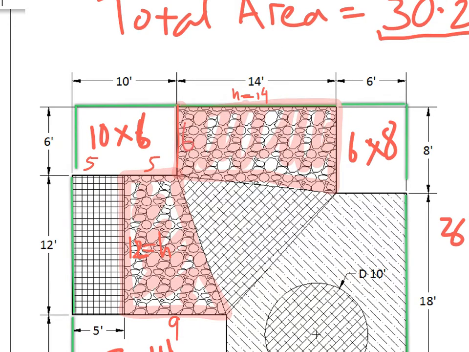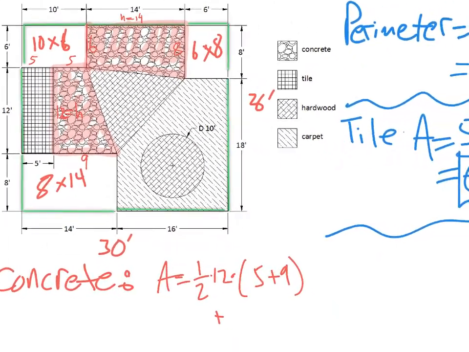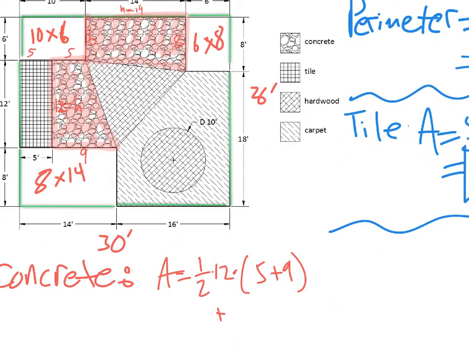And so this is 6. We're getting that from this distance over here. This distance is 8. That's given to us. So 6 and 8, those are the two bases. That's our A and our B in that formula. All right, so our second trapezoid, we've got a height of 14, and then we've got 6 plus 8.